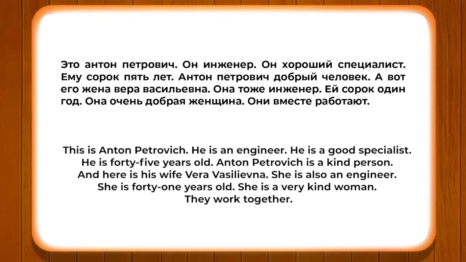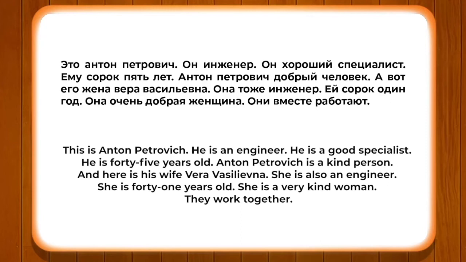Она тоже инженер. Ей 41 год. So in the case of 45 years old we used 45 лет. But when we say one, then we change it to год. So 1 год, 2 года, 3 года, 4 года, 5 лет.